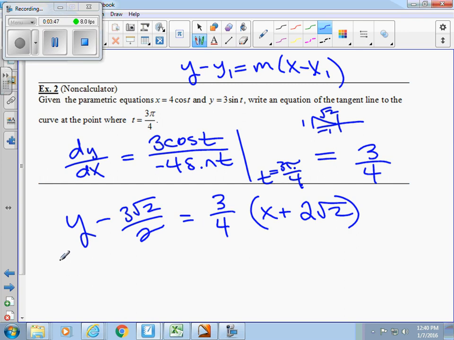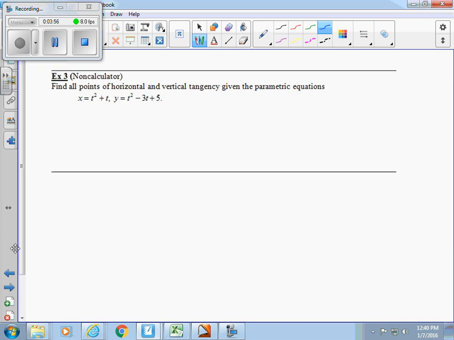Common question type, they will ask you to find tangent lines in parametric form quite often. Find all points of horizontal and vertical tangency. How would I go about that? Okay, good.